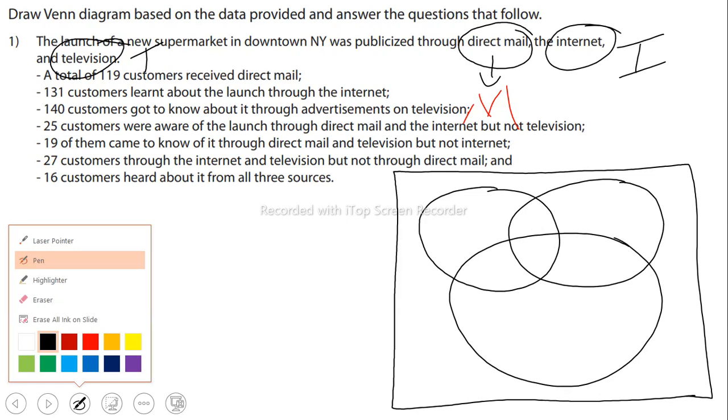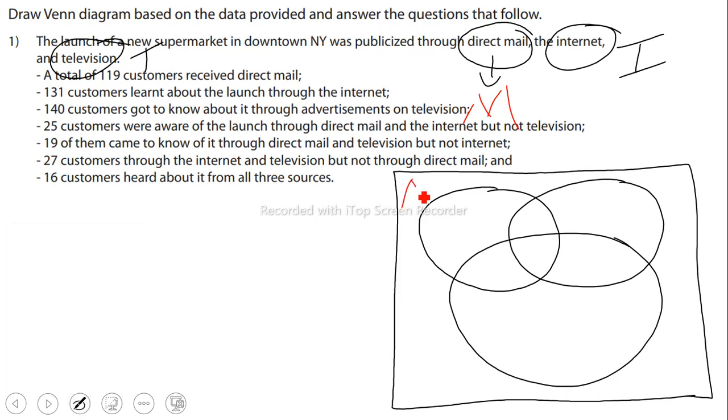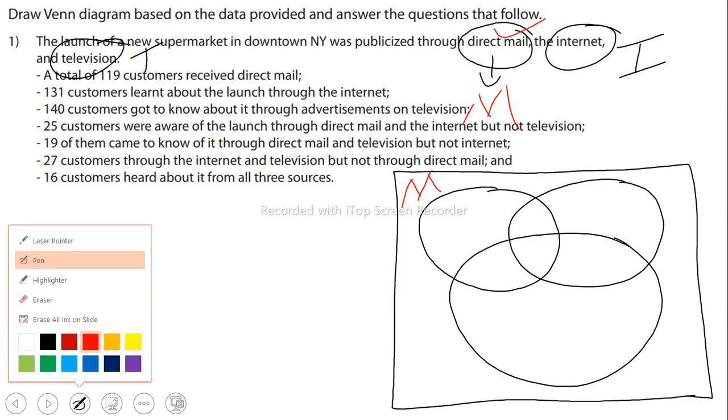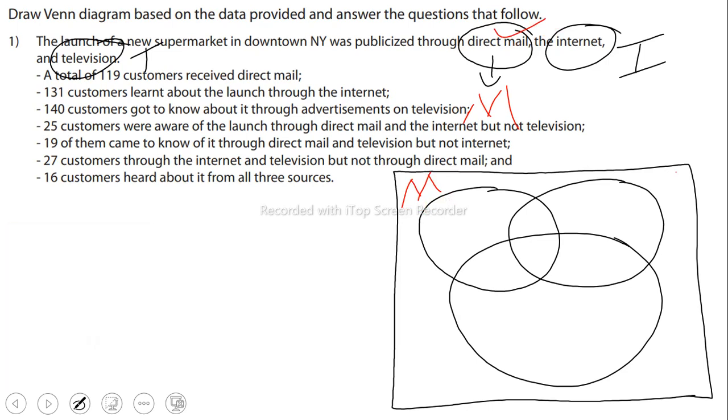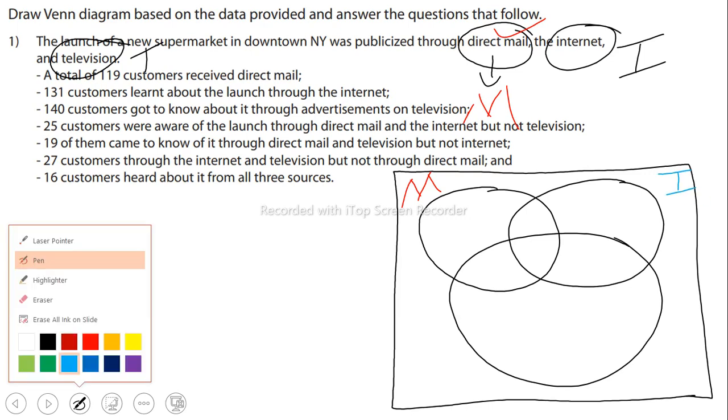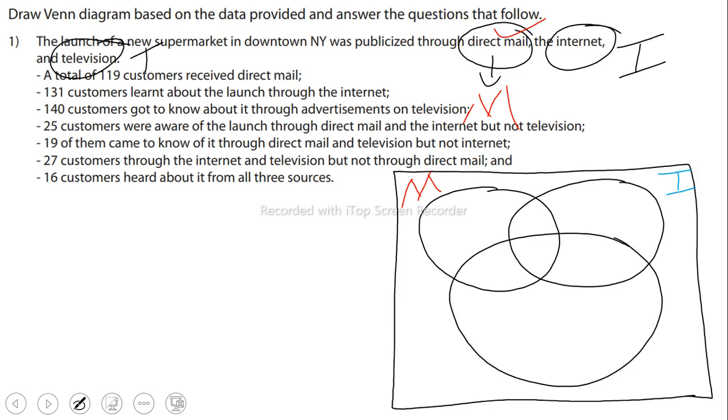So the first one we call M, because that came first. The second one we call I for internet. Let me use a different color, say blue. And the third one is going to be, let's say, green for television.